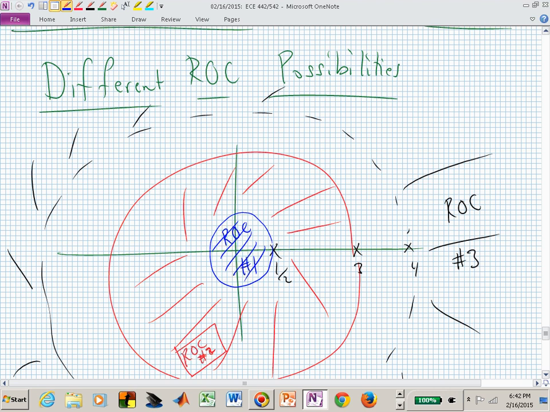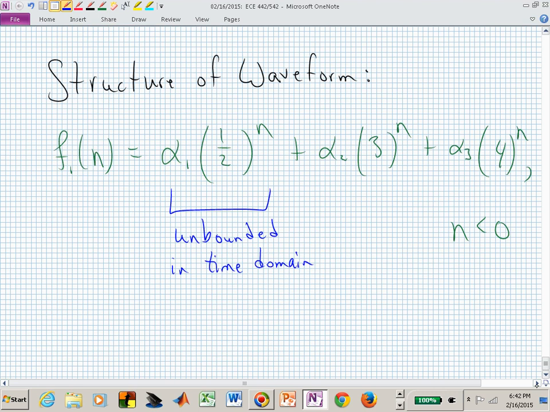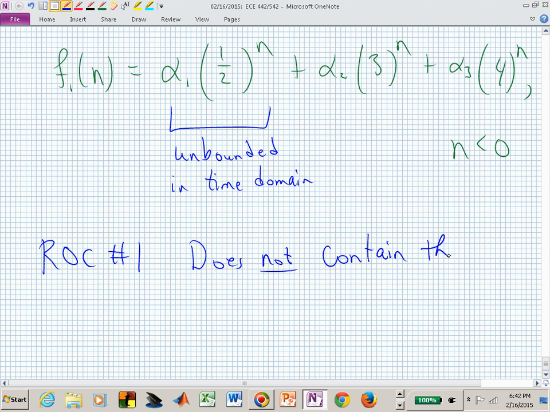So we could have inferred from that region of convergence immediately that we were going to have an unbounded response, because the region of convergence does not contain the unit circle. And because of this, we had this unbounded time response.